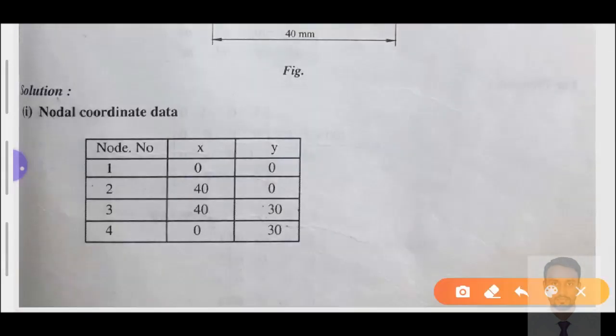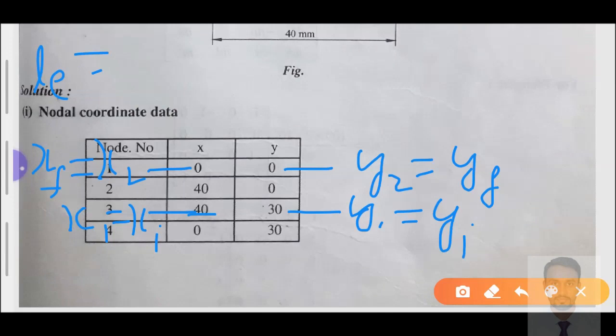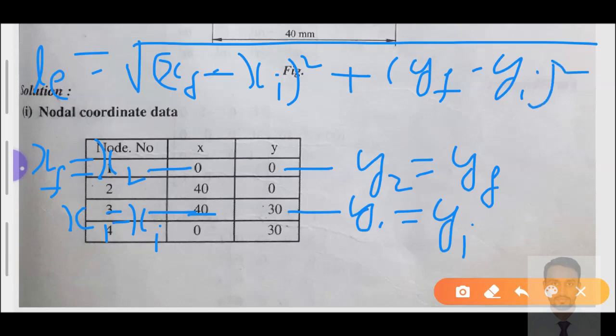Here x1 equals x initial, y1 equals y initial, y2 equals y final, and x2 equals x final. We have the equation LE equals the square root of (x final minus x initial) whole square plus (y final minus y initial) whole square.